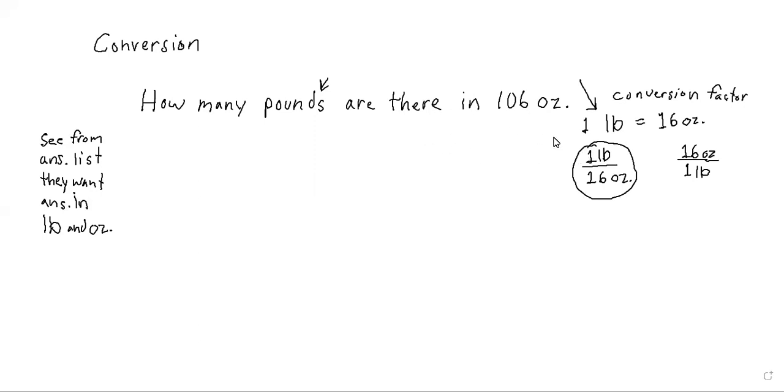Okay, so now all we have to do is just multiply this by the number they give us, which is 106 ounces, right? So it's going to be 106 ounces times our conversion factor of 1 pound over 16 ounces.